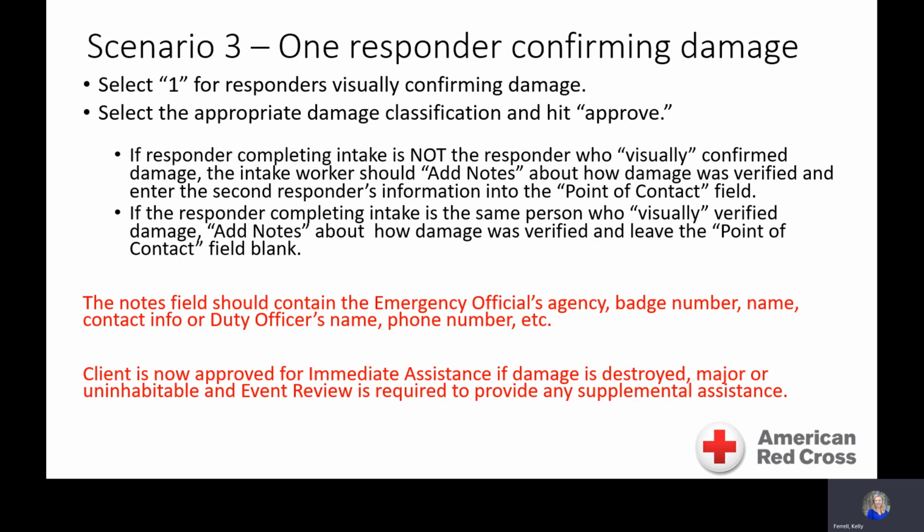The note should contain the emergency official's agency, badge number, name, and contact information, or the duty officer's name and phone number. The client is now approved for immediate assistance if the damage is destroyed, major, or uninhabitable. Event review is required to provide any supplemental assistance.